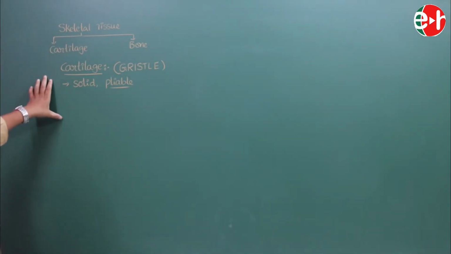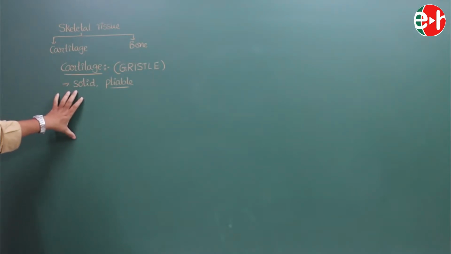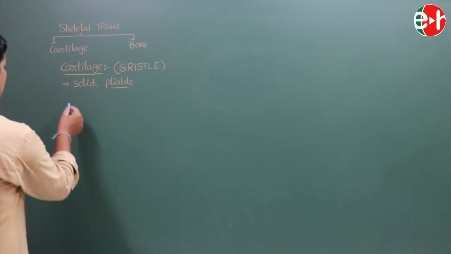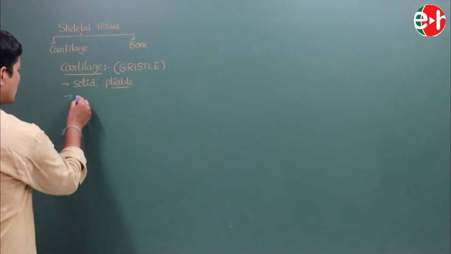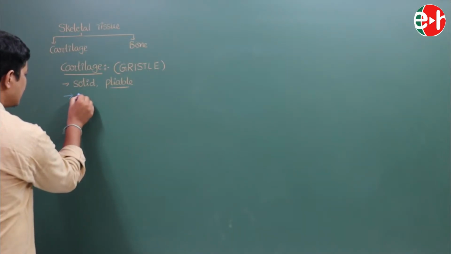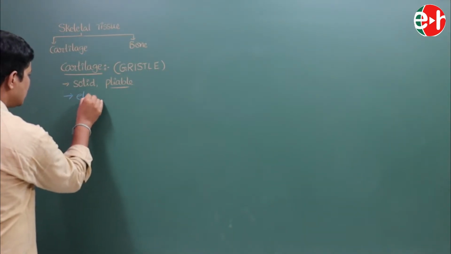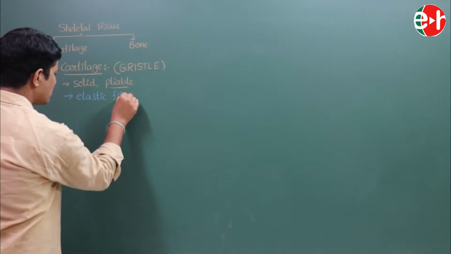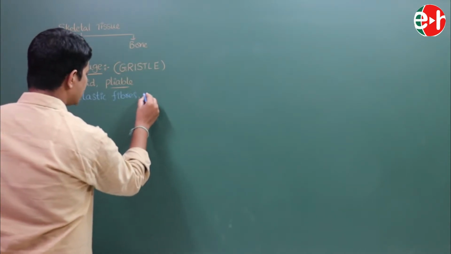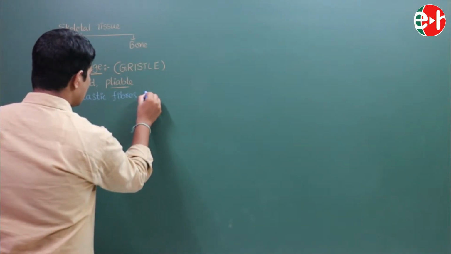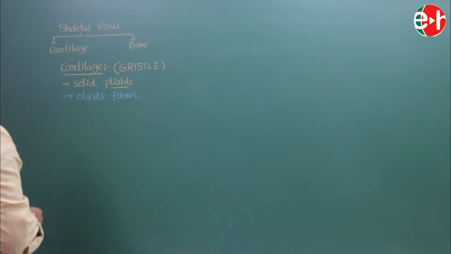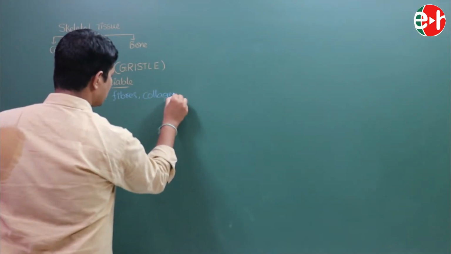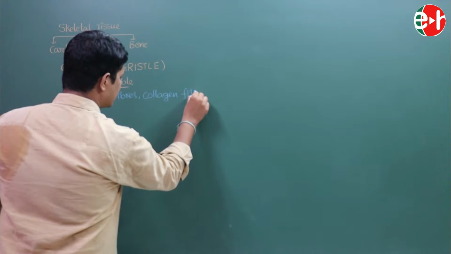So the cartilage of the skeletal system is a solid with a pliable nature that contains different types of substances. First, this cartilage contains elastic fibers and collagen fibers.